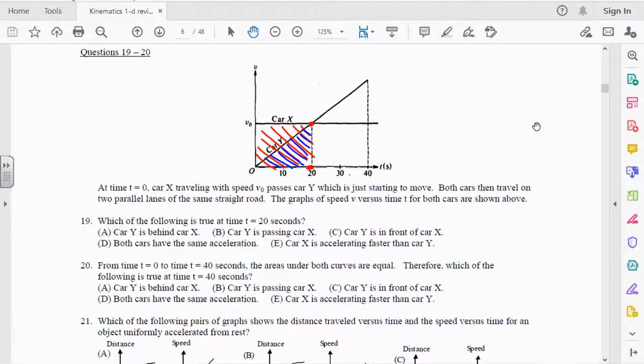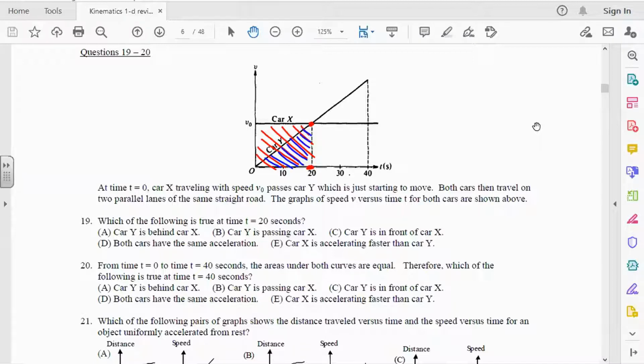So let's go through. B says car Y is passing car X. Well, that would mean they're in the same position. If they're not in the same position, then they can't be passing. Car Y is in front of car X? Well, we just proved car Y was behind it. Both cars have the same acceleration? On a velocity time graph, the slope is the acceleration.